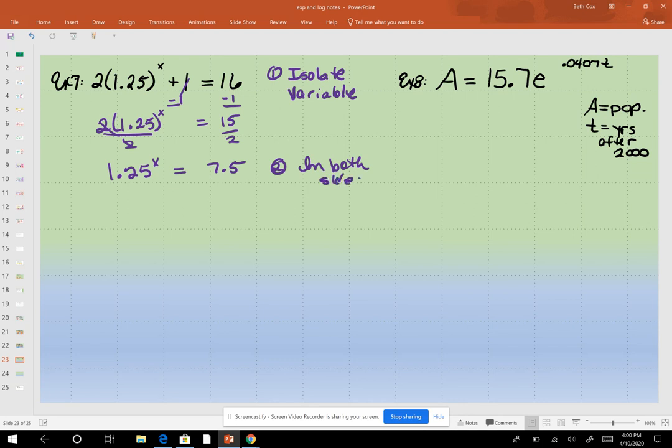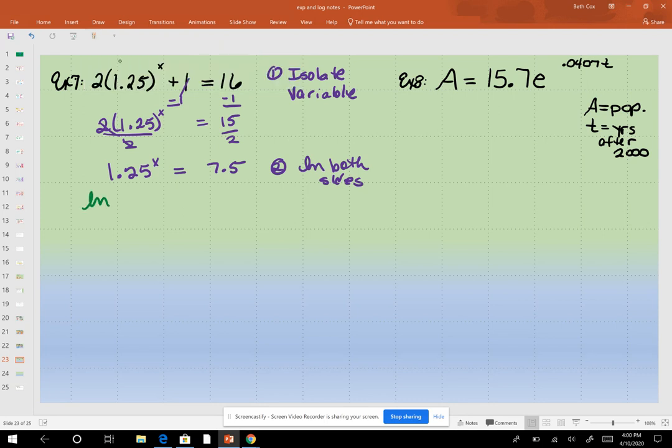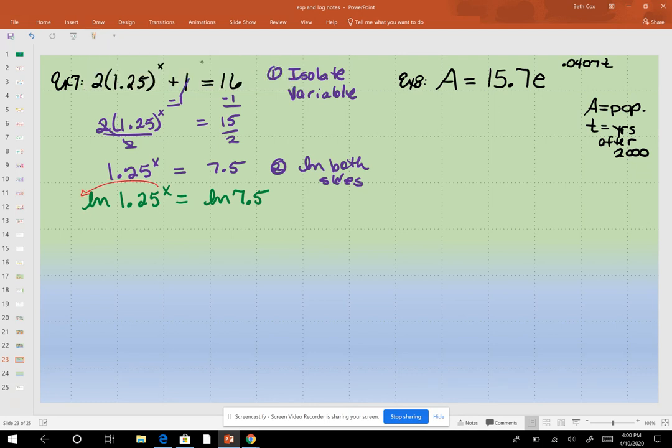All right, so let's do that. And when I do that, I'm going to get natural log of 1.25 to the x is equal to natural log of 7.5. The variable is going to come to the front. So that'll be x natural log 1.25 is equal to natural log of 7.5.